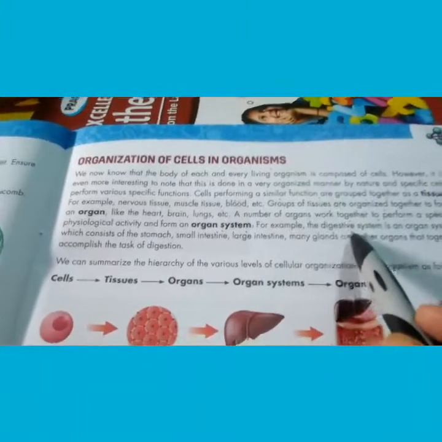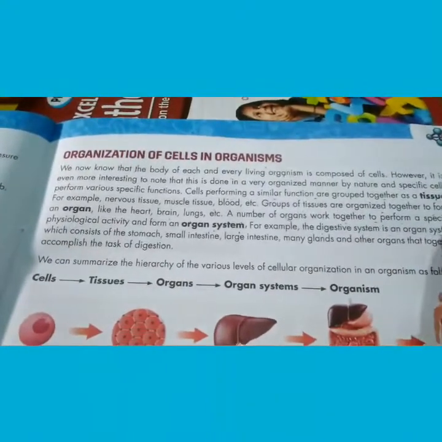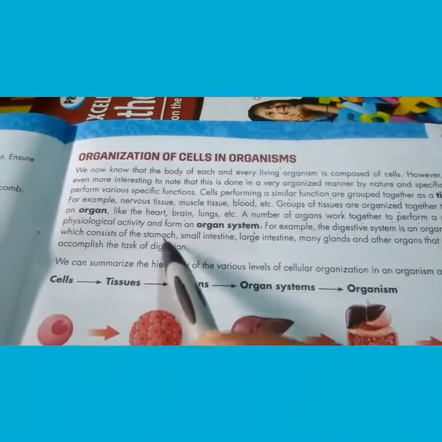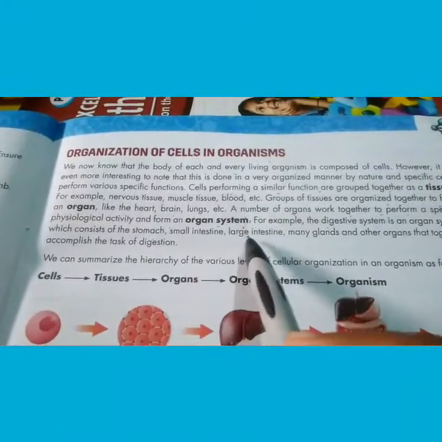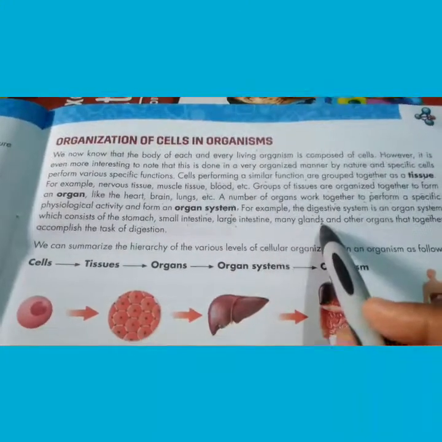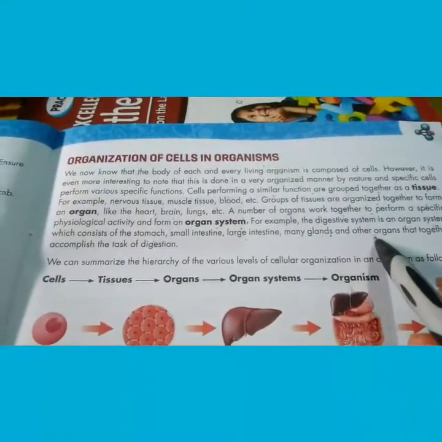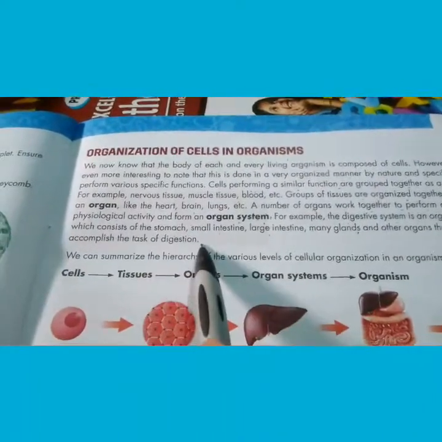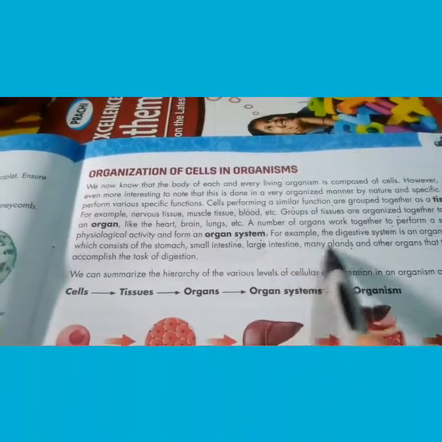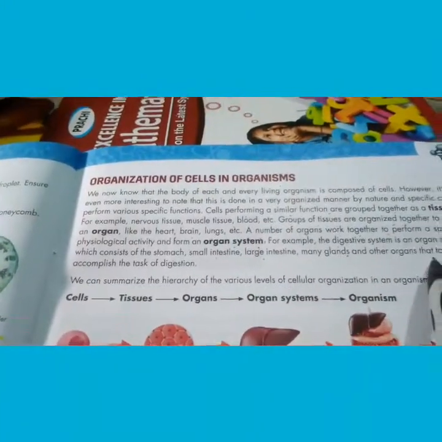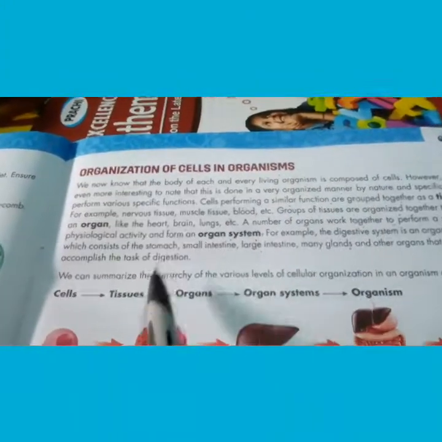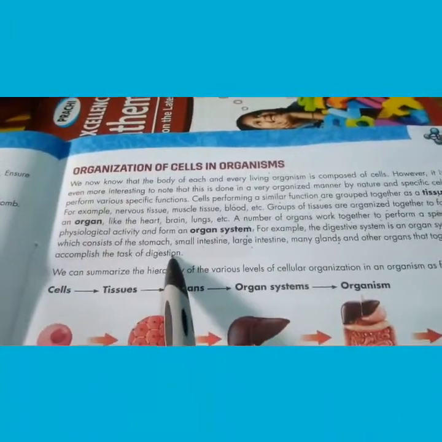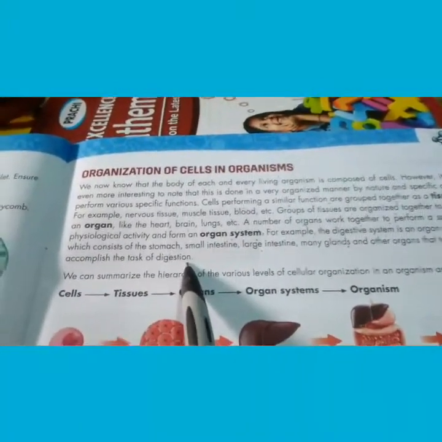For example, the digestive system consists of the stomach, small intestine, large intestine, many glands and other organs that together accomplish the task of digestion.